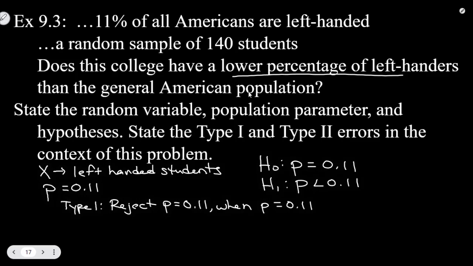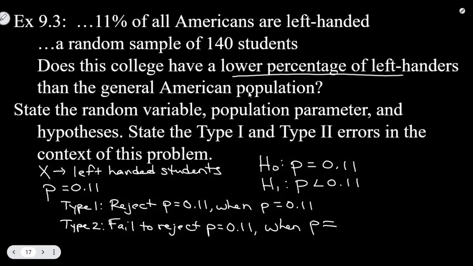Our type 2 error in this case is where we fail to reject P equals 0.11 when P is less than 0.11, because that is what our alternative hypothesis is.